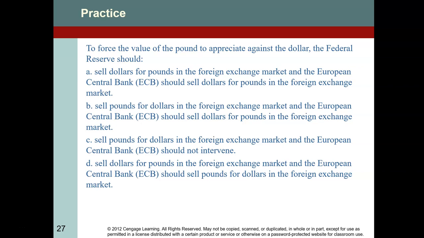Is this correct? Please read the other three options as well, and we'll discuss the right option after 30 seconds.